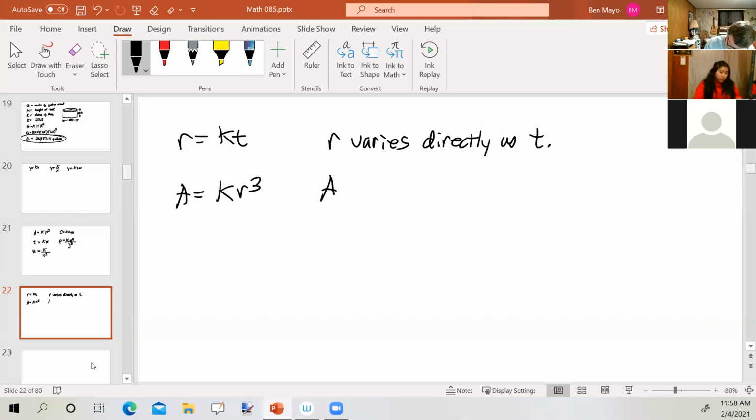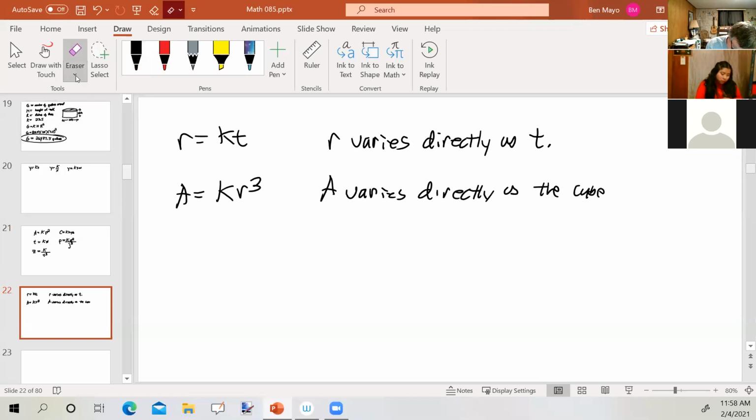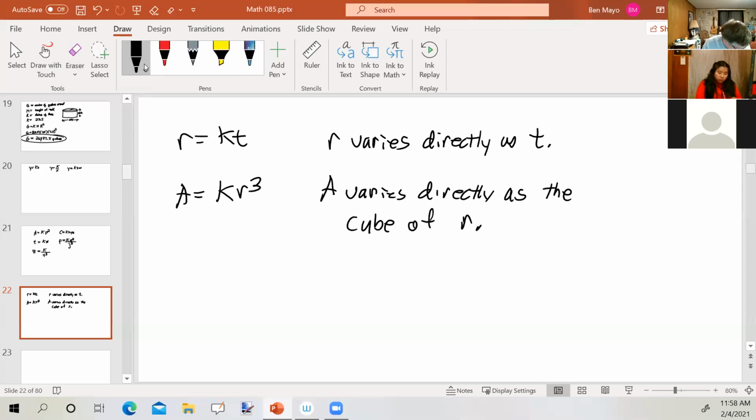We'd say A varies directly as the cube of R. Okay.